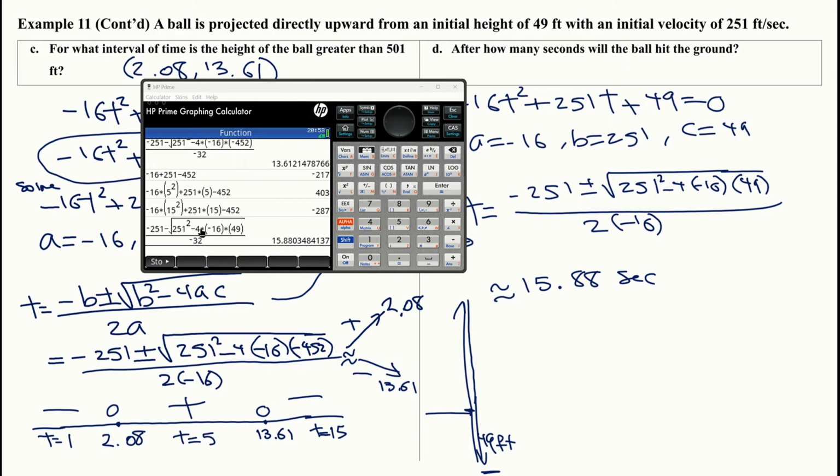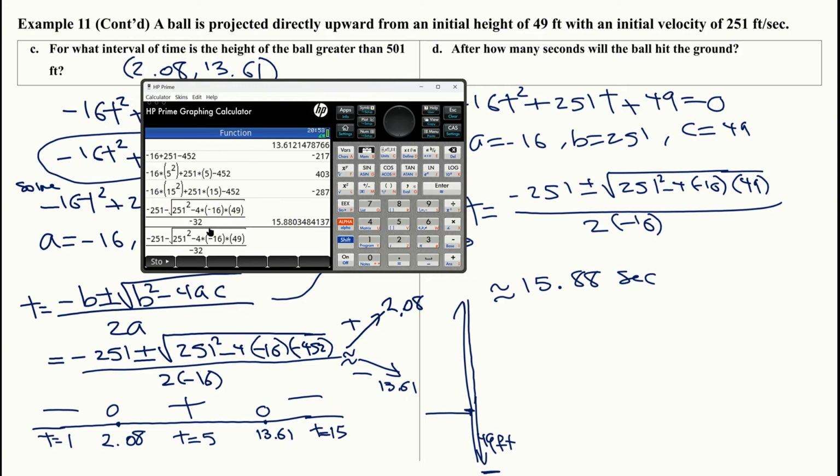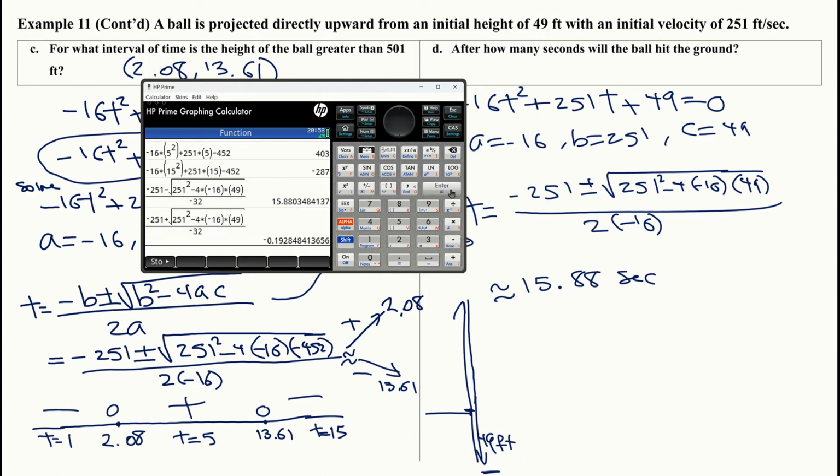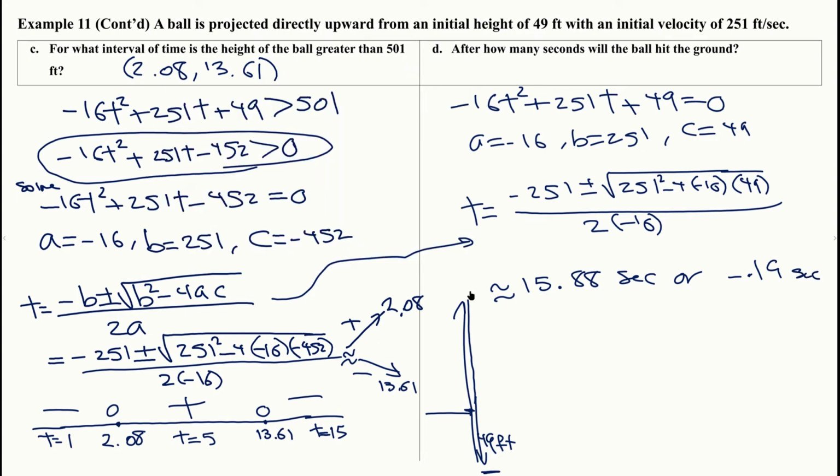Now we need to figure out what the plus case gives us. That's the minus case we just figured out. So, or negative 0.19 seconds. Of course, we can't have time being negative, so the only possibility is right there.